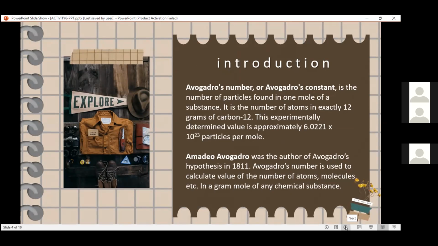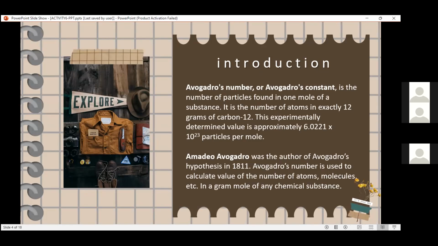Okay. So this one is for the Avogadro's number. Let me request control over your slide. Sige. So, this one again is Avogadro's number. When you say Avogadro's number, it represents the number of particles in 1 mole of a substance. And this is constant.